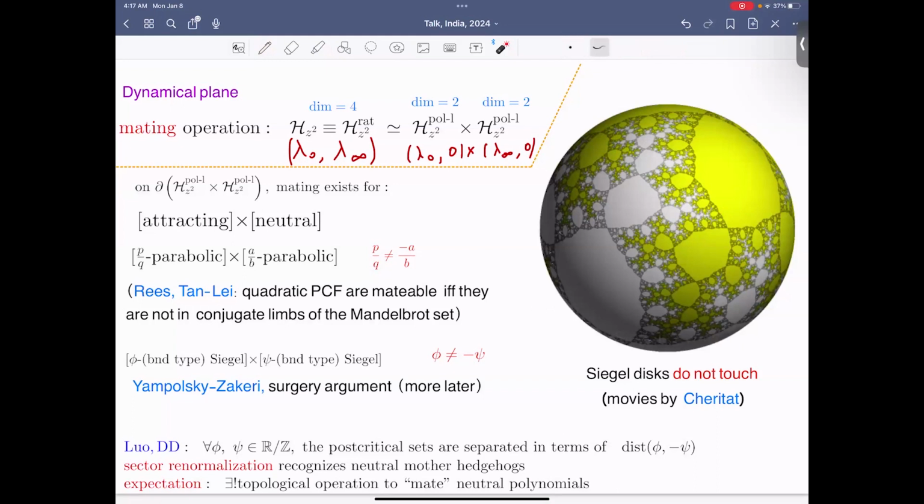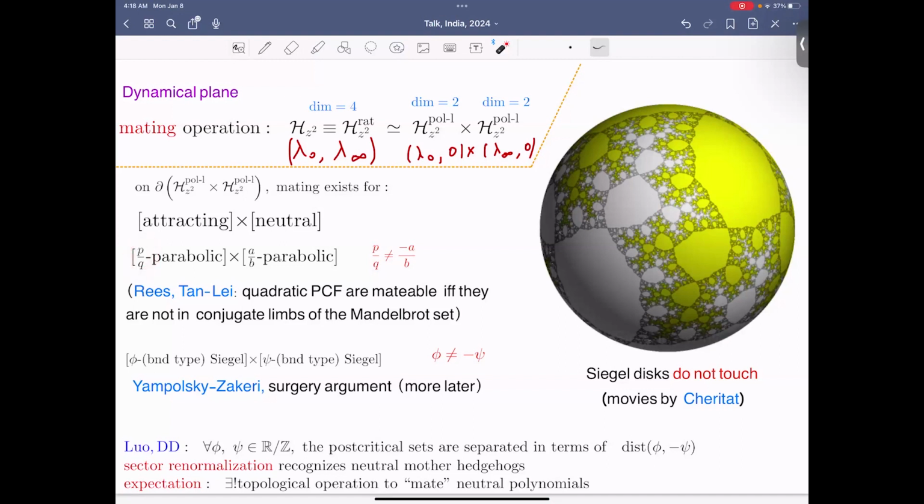For the hyperbolic component itself, it's not a problem to justify such a mating. It's also not a problem to justify for some maps on the boundary, for example when lambda naught is attracting and lambda infinity is neutral. It's known that mating exists for rational boundary.